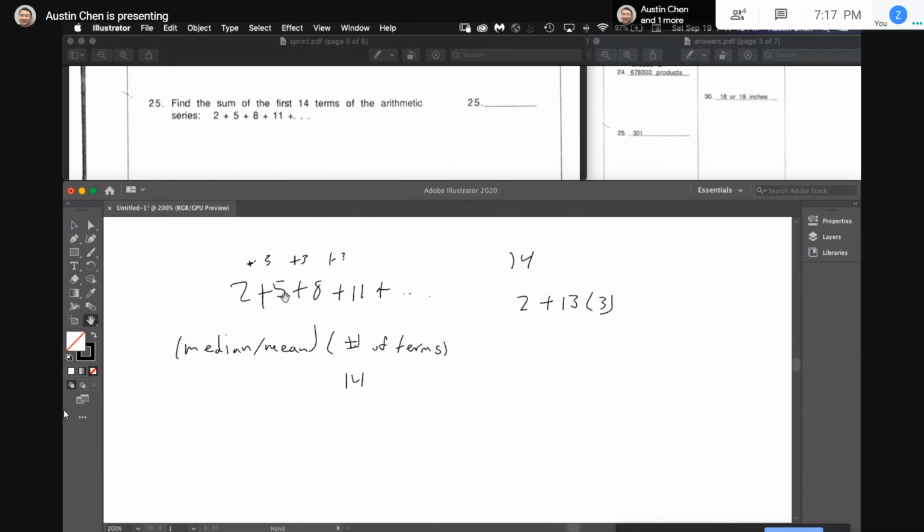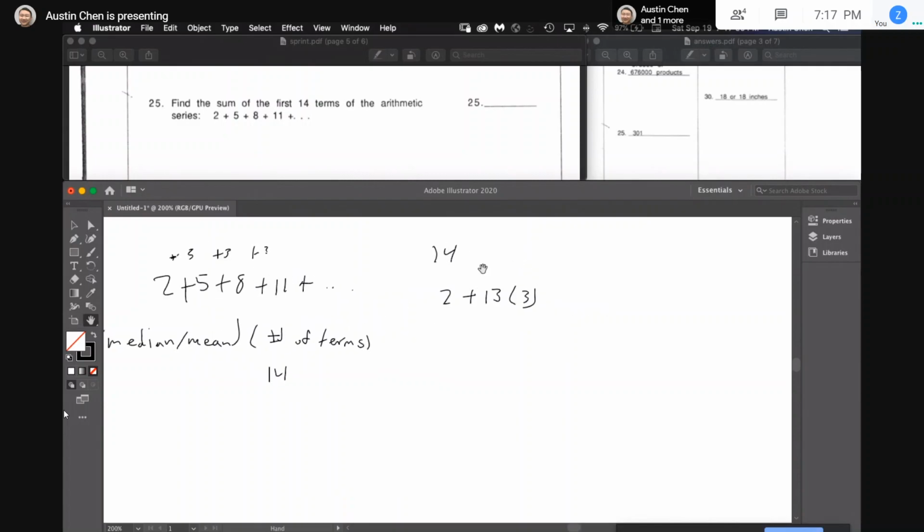The second term is the first term plus 1 times the common difference, and 1 is n minus 1. Then the third term is 2 times 3, because you're adding another 3. So the 14th term is 2 plus 39, my bad, equals 41.